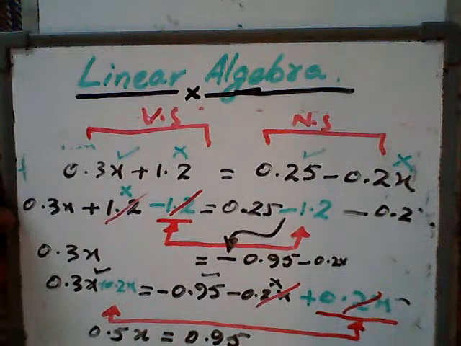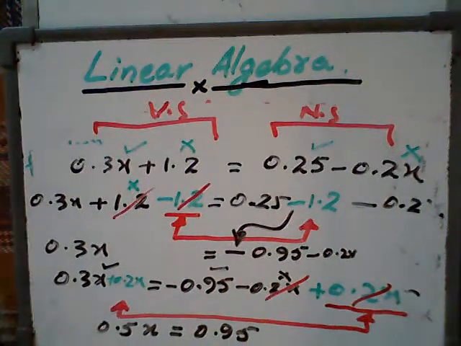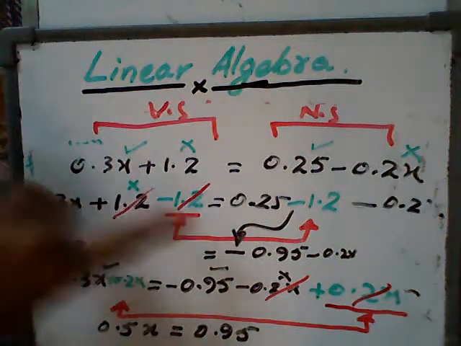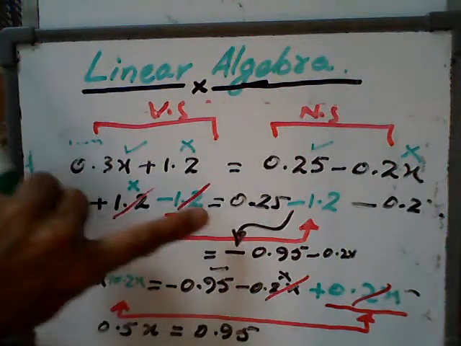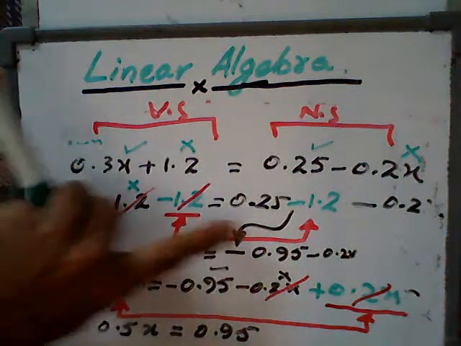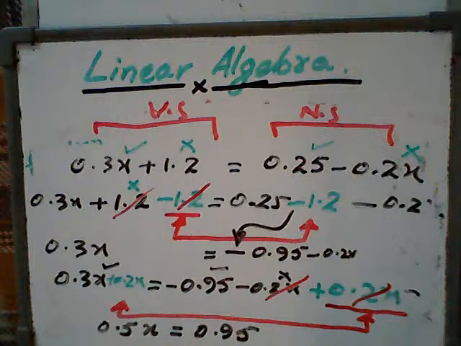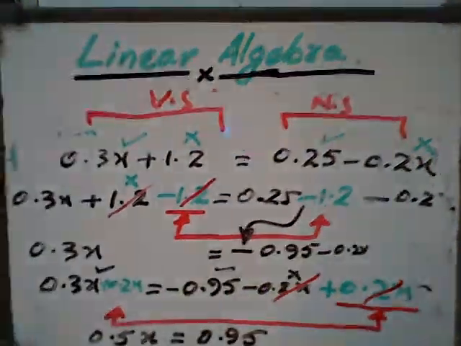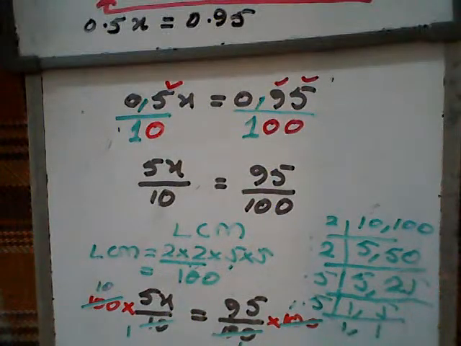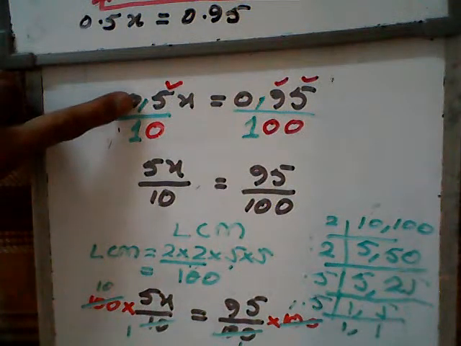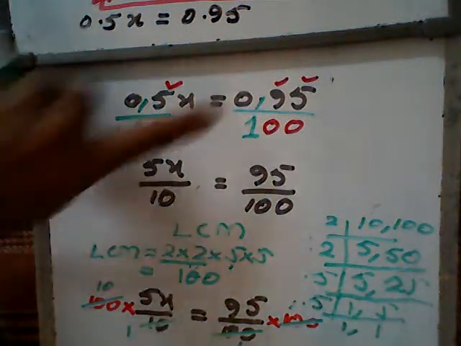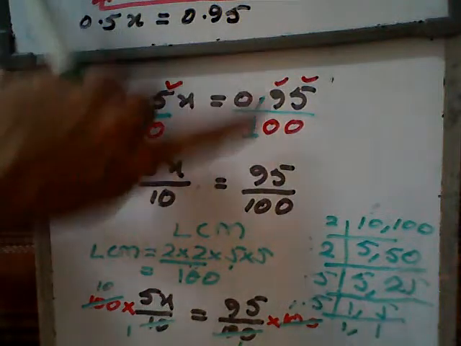Now the question was about decimal numbers. In decimals, we solve the same way as with the other numbers, but keep the decimal at the same place for addition or subtraction. So we did this and got 0.5x is equal to 0.95, and then we removed the decimal point by dividing by 10 for one decimal place and 100 for two.